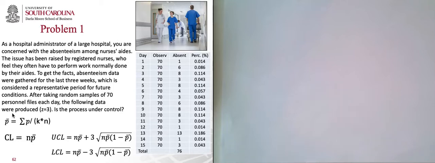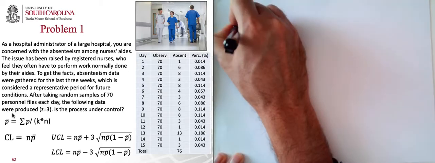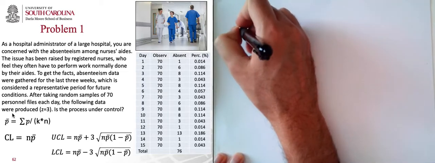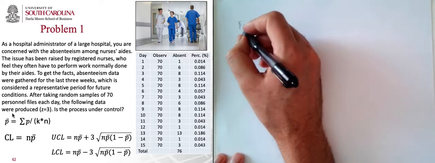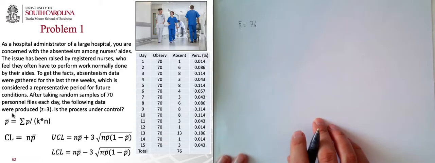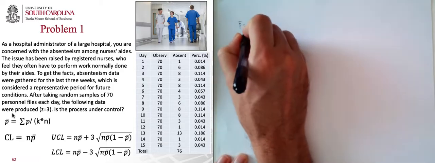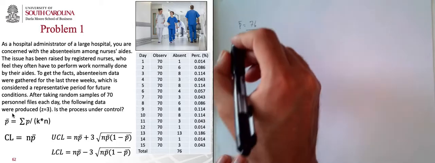So first thing, we're going to calculate P bar. So P bar is going to be the sum of P, which is the 76 that we have here, divided by K times N. So K is 15.